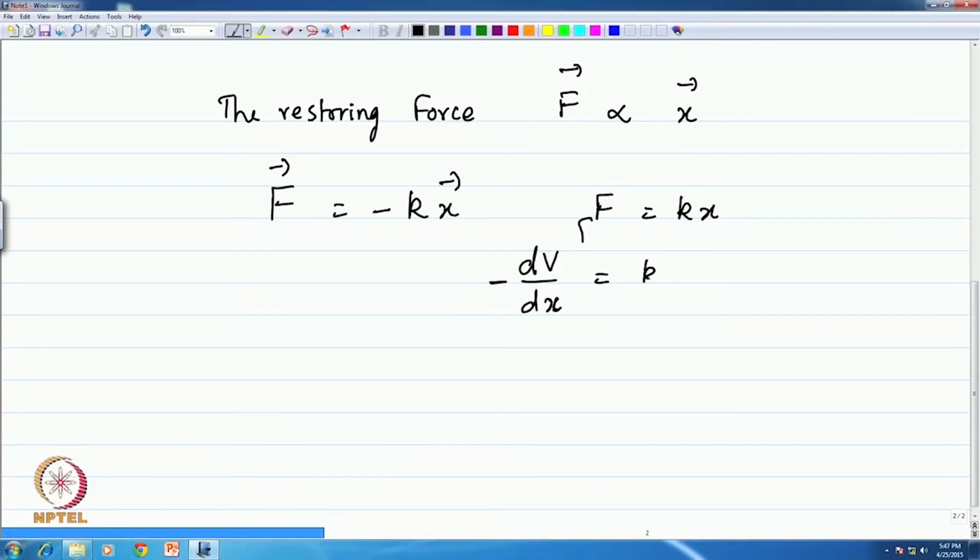This is equal to minus kx, and you can see therefore the potential energy V of x is the integral of kx dx, which gives you kx square by 2 plus a constant.